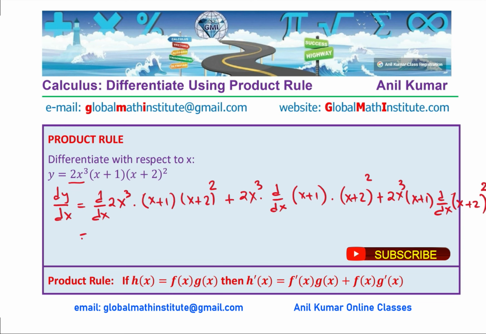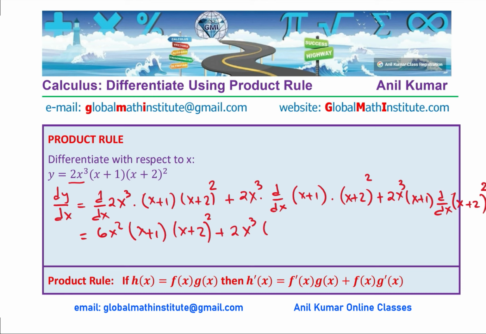So let's do the first step. The derivative of 2x cubed will be 6x squared. That gets multiplied with the rest 2 terms, which are x plus 1 times x plus 2 whole square. Here we get 2x cubed, the derivative being 1, times x plus 2 whole square, plus we get 2x cubed times x plus 1 times the derivative, which is 2 times x plus 2.